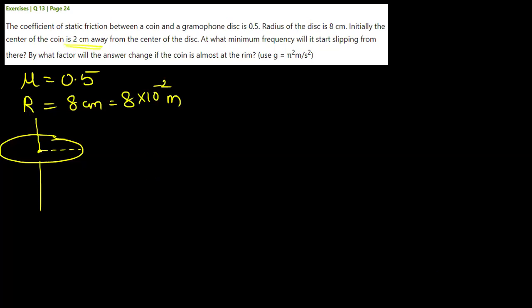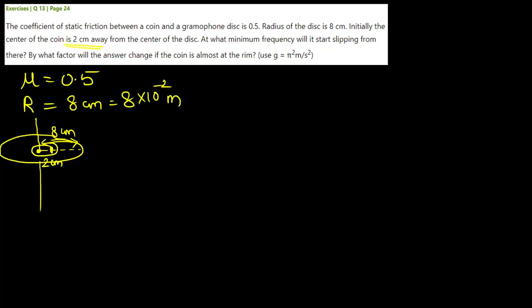So if this is the center, 2 centimeter away, here the coin is placed. Suppose here is the coin. Assume the total radius is given to us as 8 centimeter, and this distance from the center is given to us as 2 centimeter.